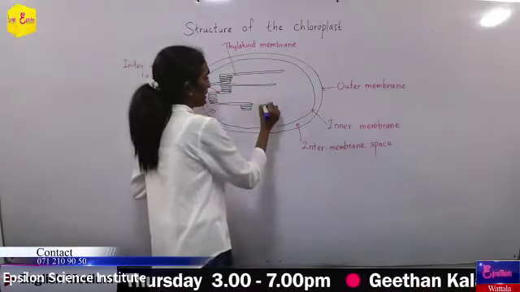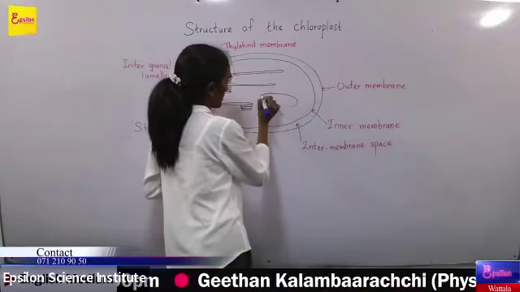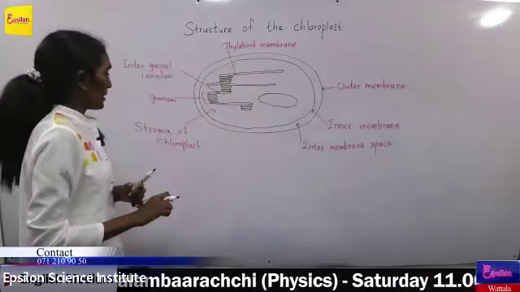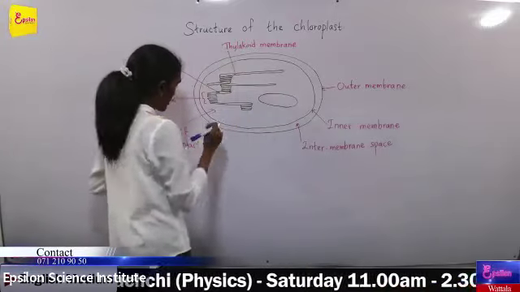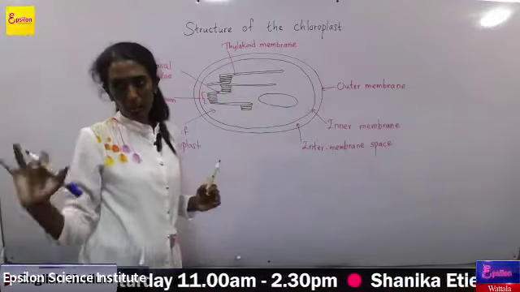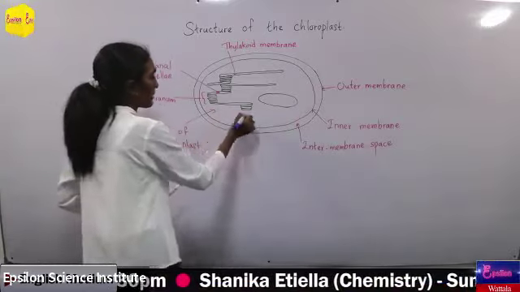And in the stroma, there is a circular DNA molecule. Stroma is also called matrix, but in our lessons we are using the word stroma, right? Sometimes in the books you may see matrix also.